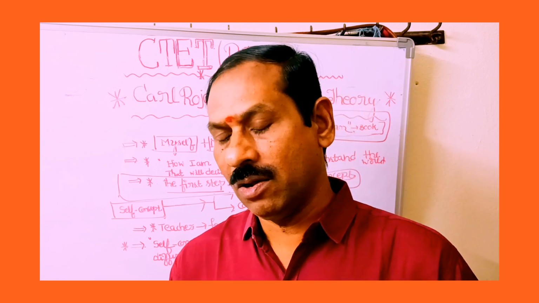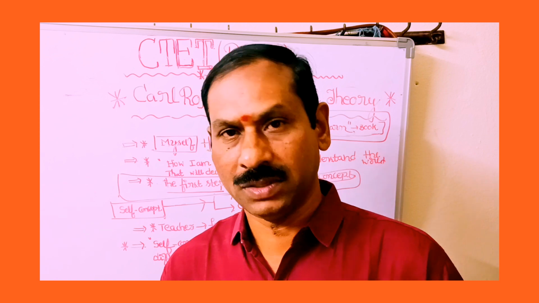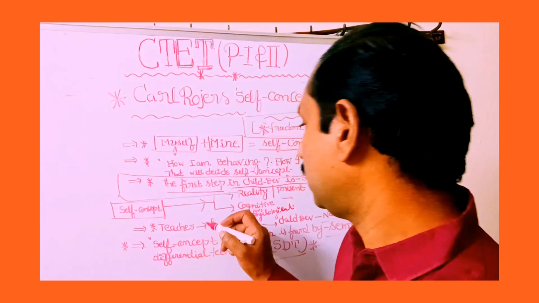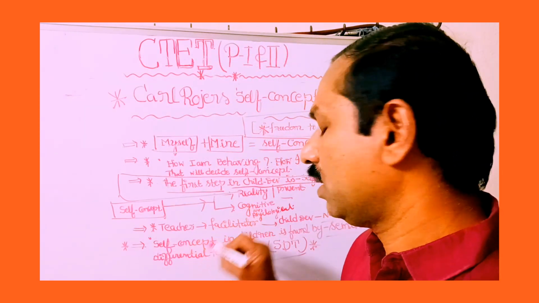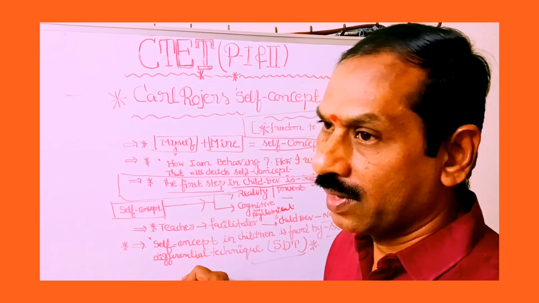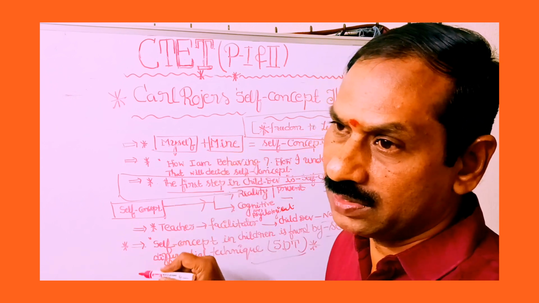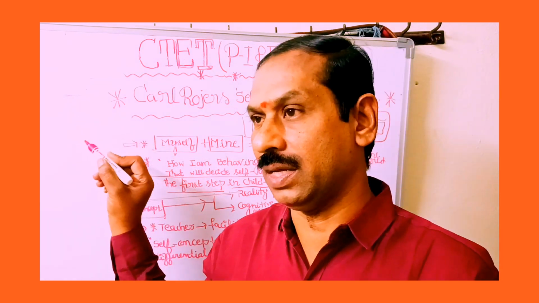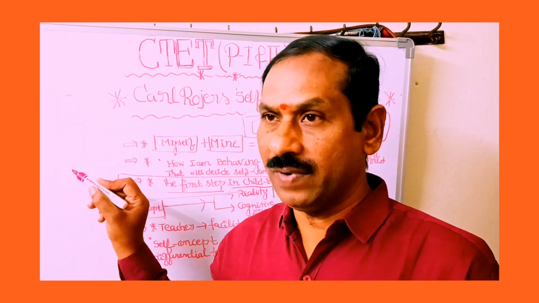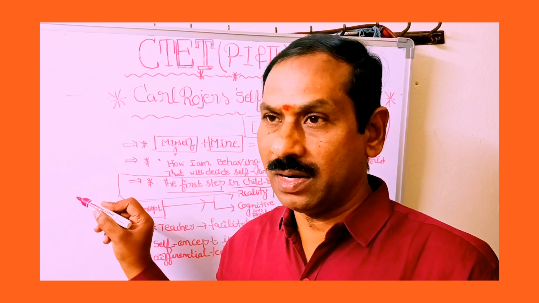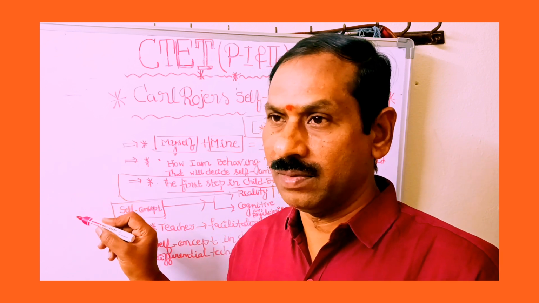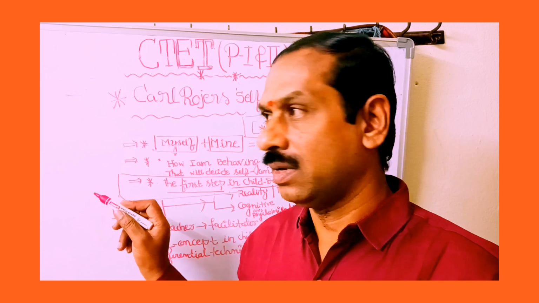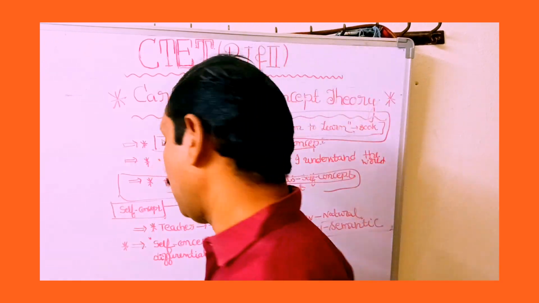So the development is a natural process among the child. According to Carl Rogers' theory, the teacher is a friend, facilitator or philosopher. The examiner may ask like that also.